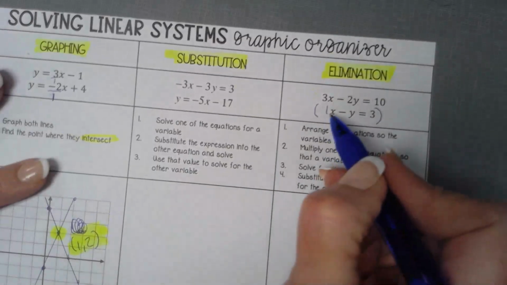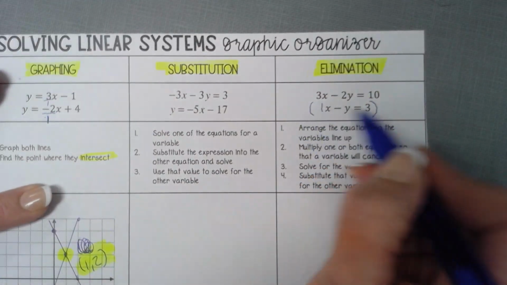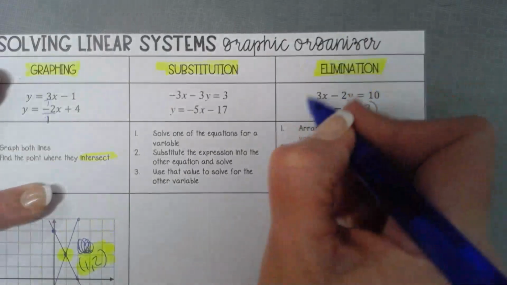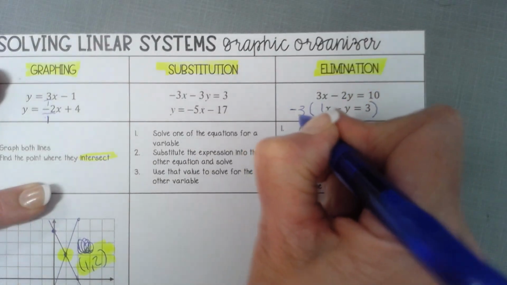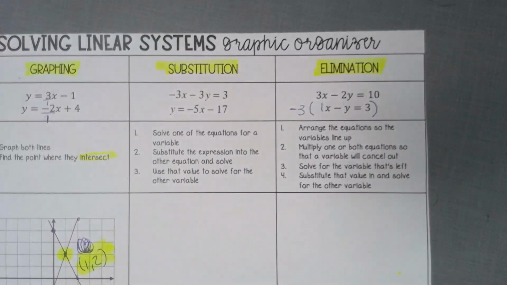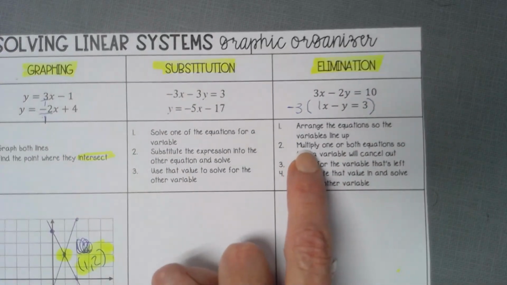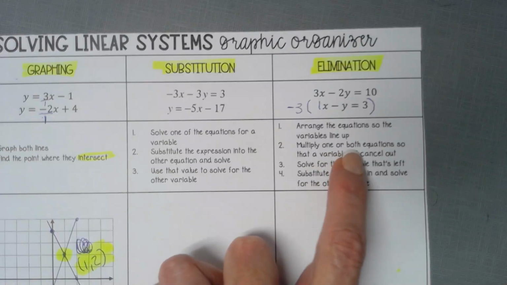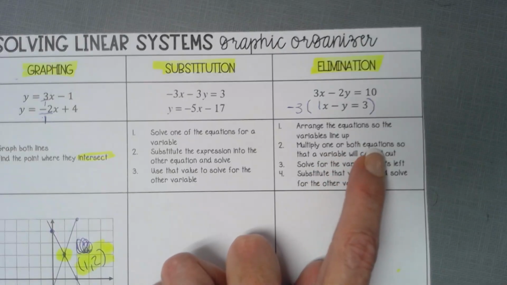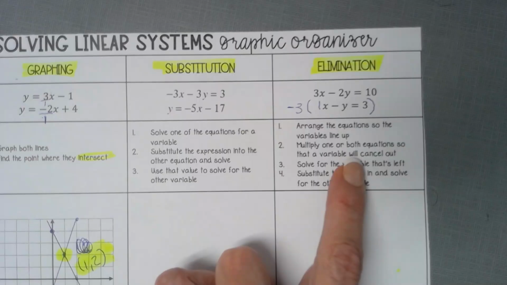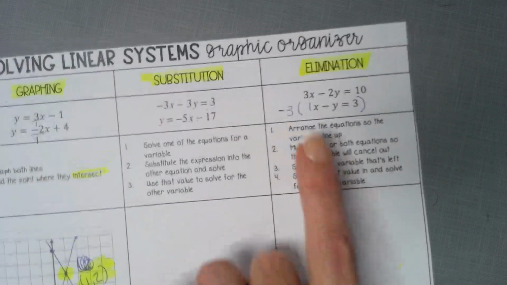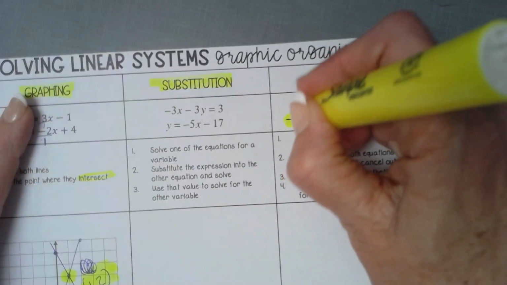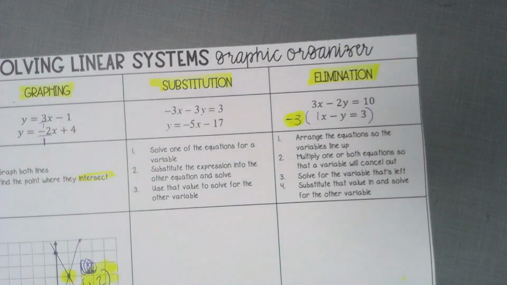So if y'all would put a parenthesis here, this is important, and put a negative 3 out here, because we are going to multiply, look at your rule, one or both equations so that the variables will cancel. So we're going to multiply this second equation by negative 3.